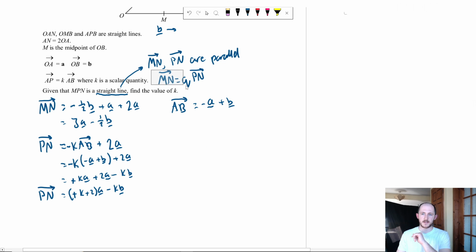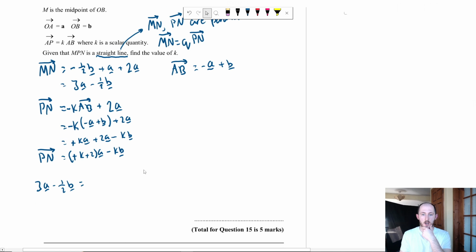I'm now going to sub this all into my original equation. So mn is 3a minus a half b, and that equals the letter q times pn. So if I expand this, have a look what happens.